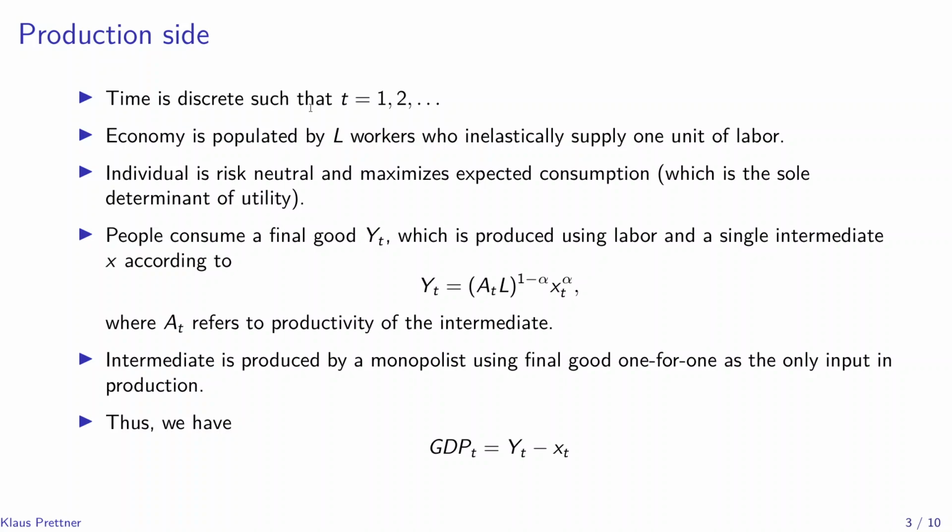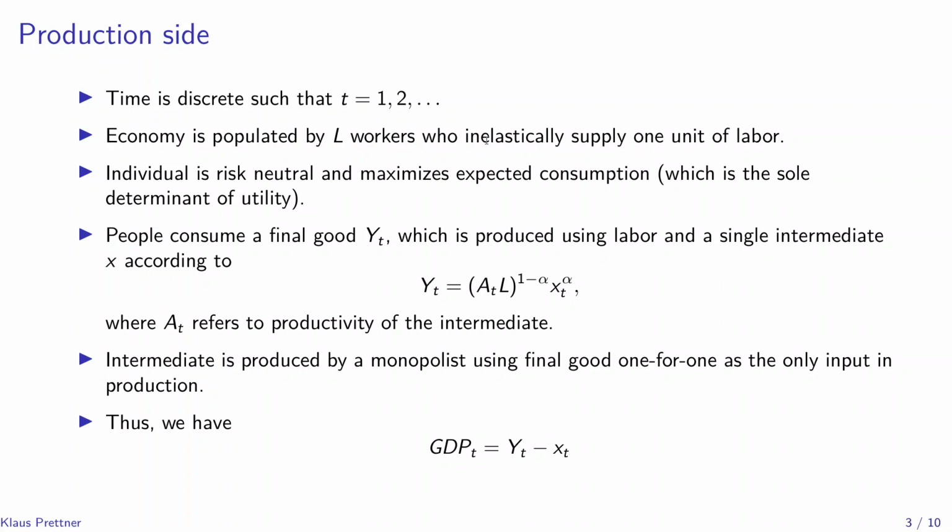Now let's jump directly into the model. Time is modeled as discrete, so that there is t, which equals 1, 2, and so on and so forth, which denotes time. The economy is populated by L individuals. Again, we assume that the number of people in the economy is equal to the number of workers, so there are L workers.